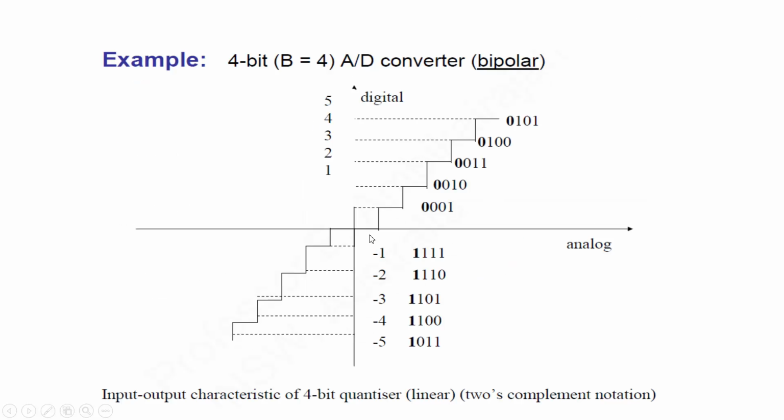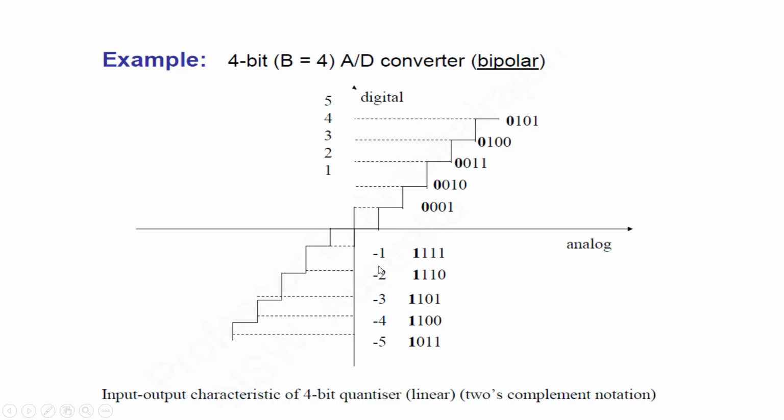Now this is the coding process further explained. In this diagram, we can see how the coding is to be done. If it is a bipolar type of coding, let's say a 4-bit converter, there can be 16 quantization levels. The digital values can range in a unipolar fashion and also in a bipolar fashion.